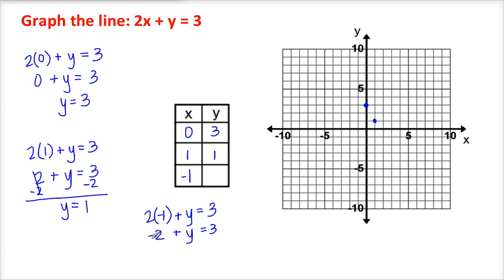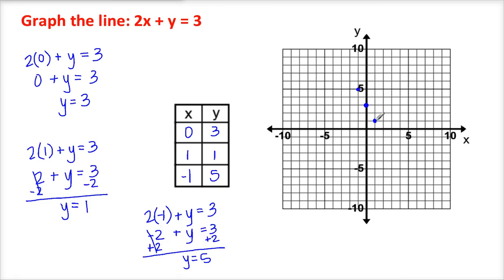So get y by itself by getting rid of the -2. Combine it with its 0 pair, which is plus 2. And do that on both sides to keep it balanced. Those will cancel out, and we're left with y equals 3 plus 2, which is 5. So when x is -1, we got y equals 5. So that's another point: (-1, 5).